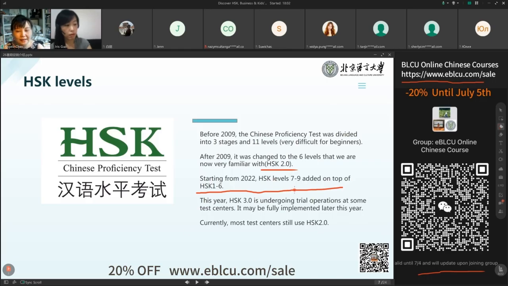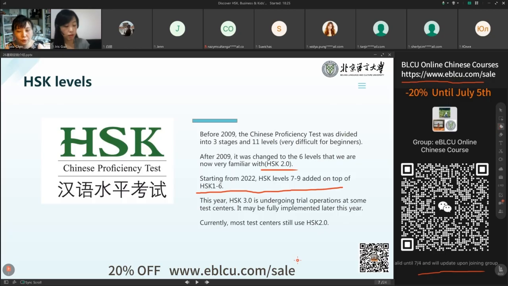And they added 7 to 9 on top of 1 to 6, but 1 to 6 is still the most common HSK test. And this year, HSK 3.0 is undergoing. So it's like a trial operation at some of the test centers.